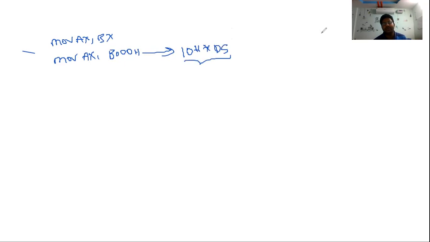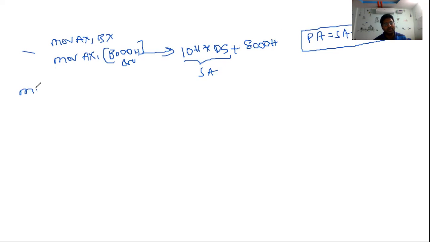Remember, always physical address is equal to segment address plus offset address. For the instruction, the microprocessor represents only the offset value, not the segment. This is the segment address plus this 8000H.